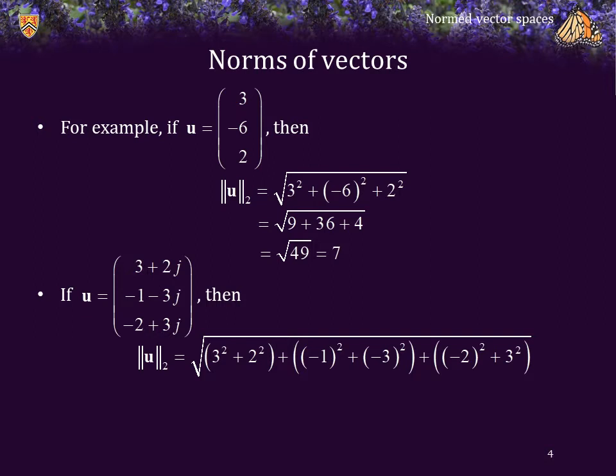The absolute value of the second is negative 1 all squared plus negative 3 all squared. And the absolute value squared of the last is negative 2 all squared plus 3 squared. This works out to the following sum, which is equal to the square root of 36, which is equal to 6. So the 2 norm of this vector here is 6. That is how long it is.